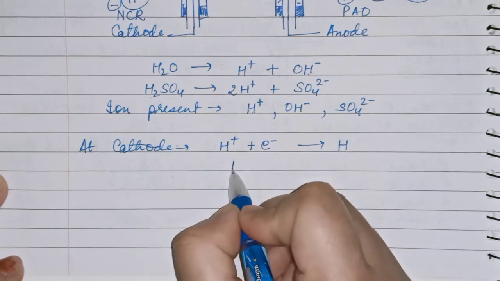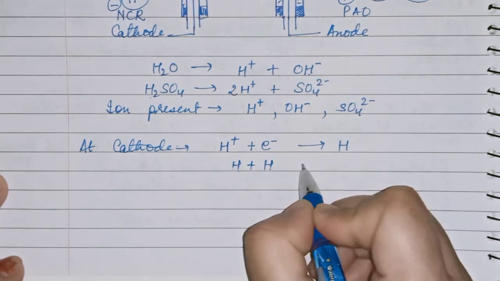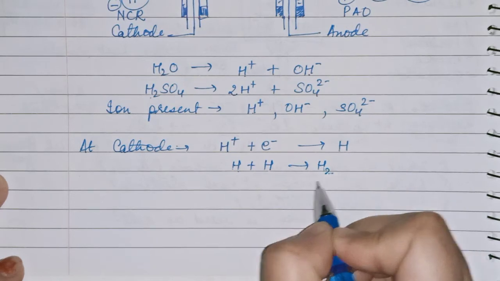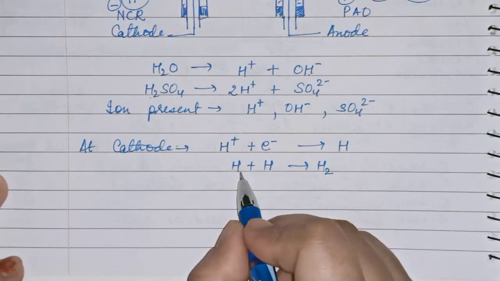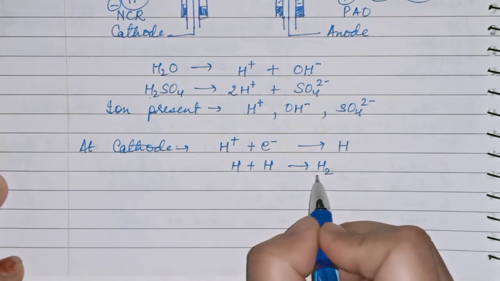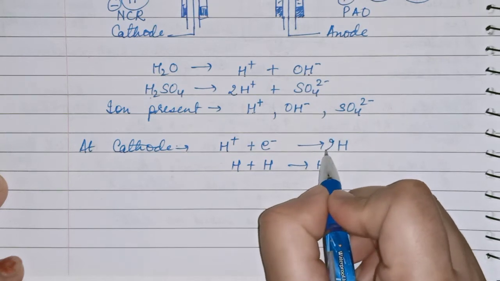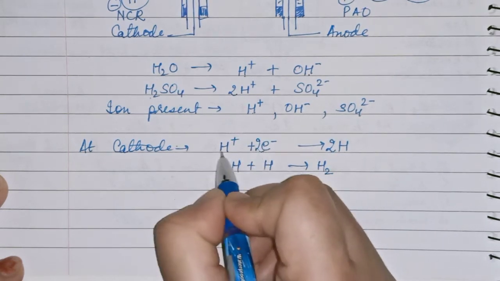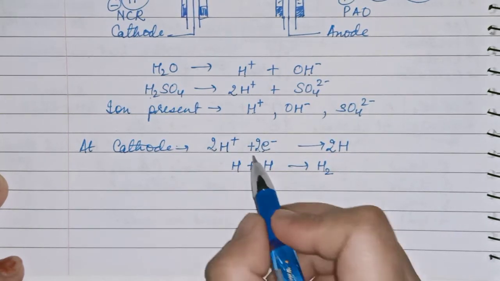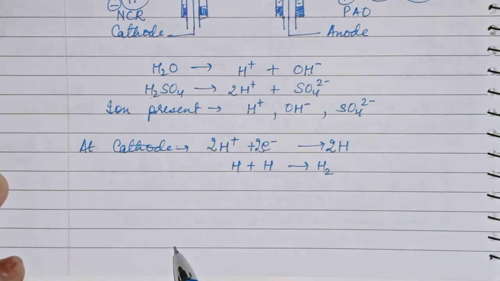We need two atoms of hydrogen to make diatomic hydrogen gas. So we put two here, two here, and two here. Now it is a balanced chemical equation.